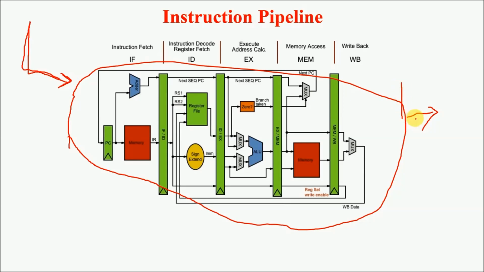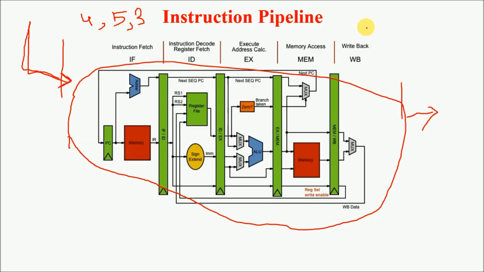Suppose it may take 4 clock cycles to execute the whole instruction, or it may take 5 clock cycles, or it may take 3 clock cycles. That is called CPI, clock cycles per instruction.